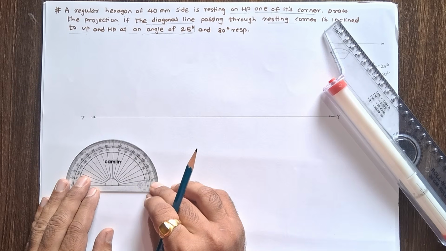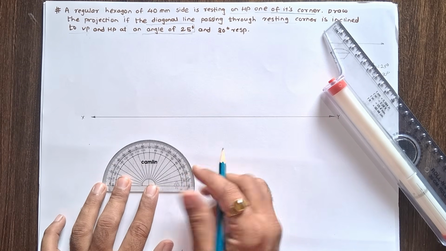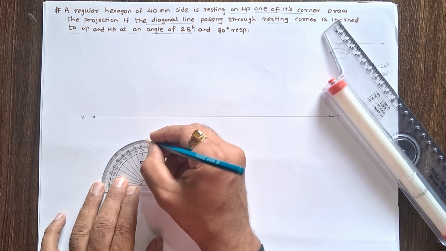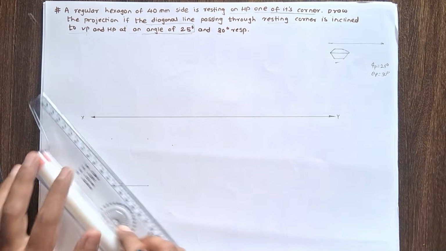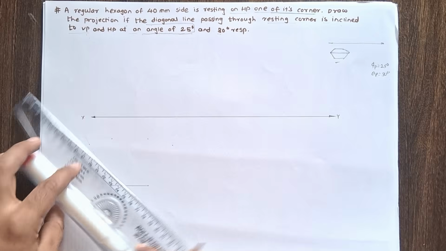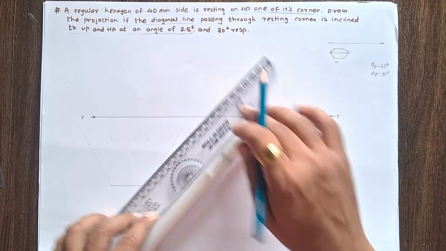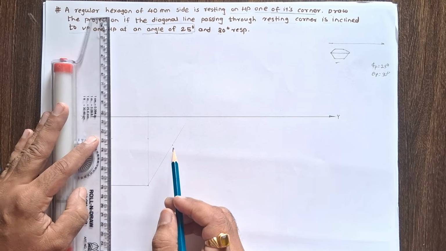Mark a 60 degree angle from both the ends of this line and draw 90 by the thin line. Draw this angle. This is 90 degree angle and these are the 60 degree angles.